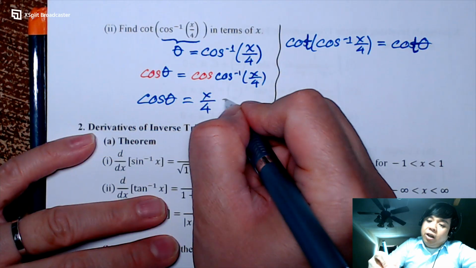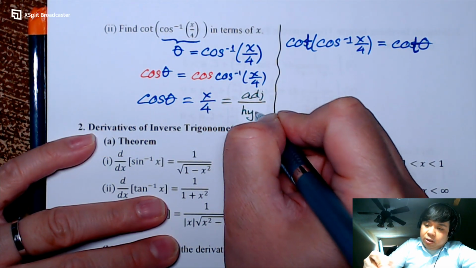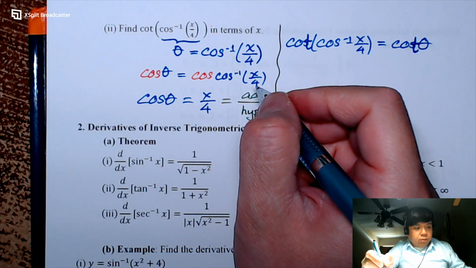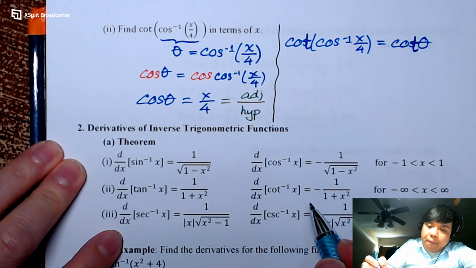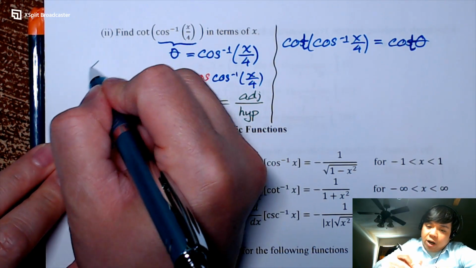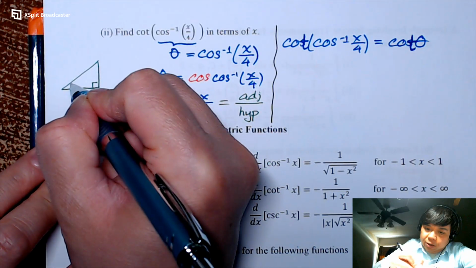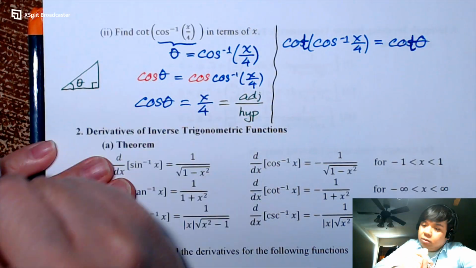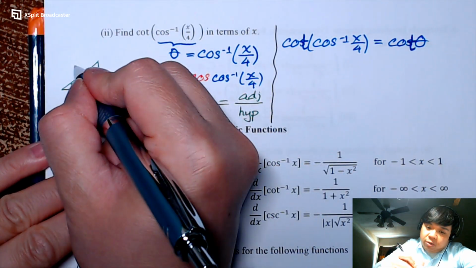Cosine is adjacent over hypotenuse. And we draw a triangle. Adjacent x over hypotenuse 4.